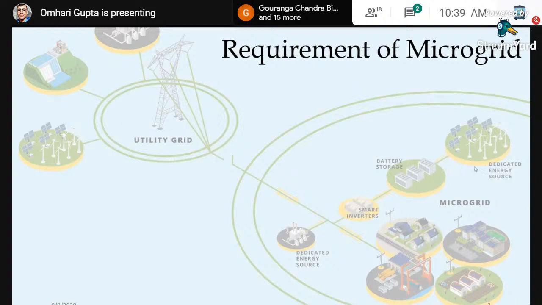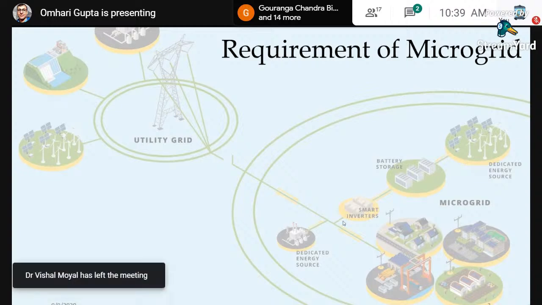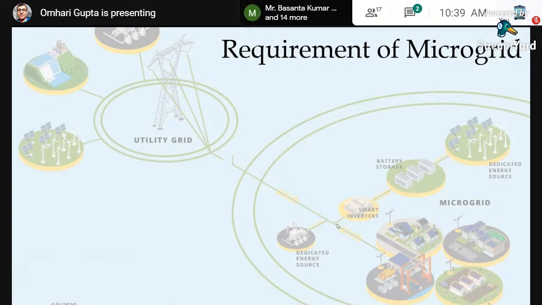And these renewable based generations are supposed to inject the power into the distribution system without worrying about voltage and frequency. Okay. But whenever you are islanded, that means the utility grid is no more available.